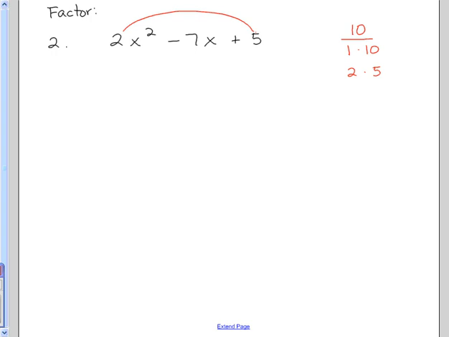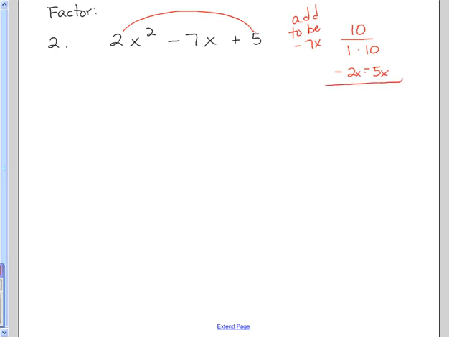Now what am I looking for? The two numbers, because again this is positive, the two numbers that will add to be negative 7, or we can say negative 7x. Well, we know it's going to be 2 and 5, but in order for it to be negative, they will both have to be negative, and then we attach x to both numbers.